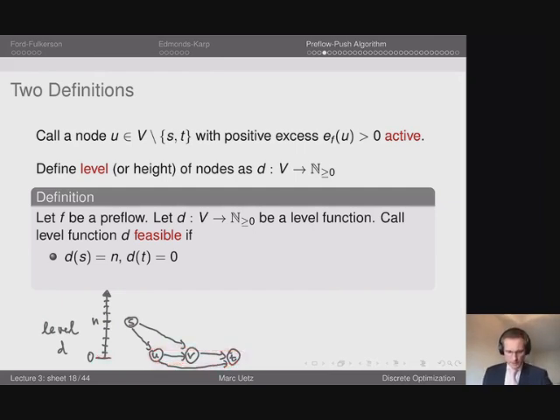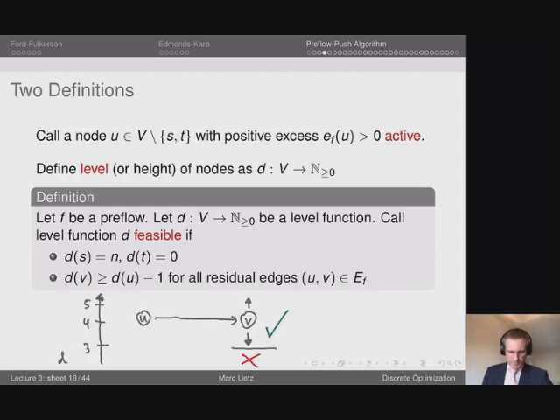The level function is called feasible if S always remains at level n and T always remains at the bottom level. So it is really how you would think of a flow. The flow is going downwards and actually trying to reach the target T, given these levels.